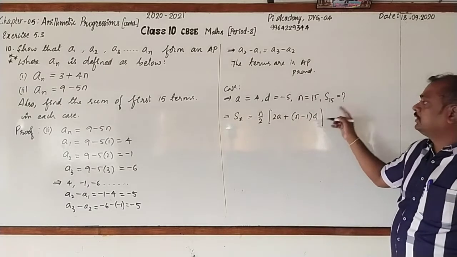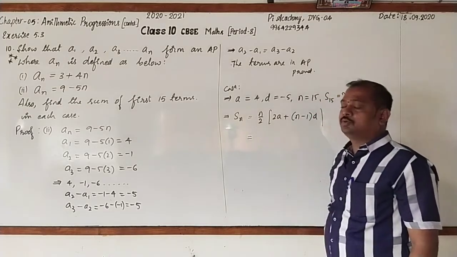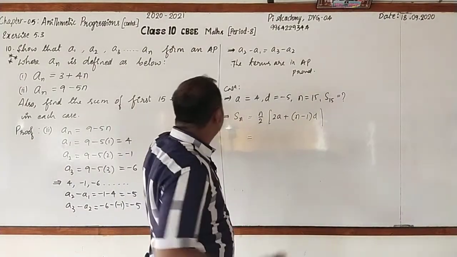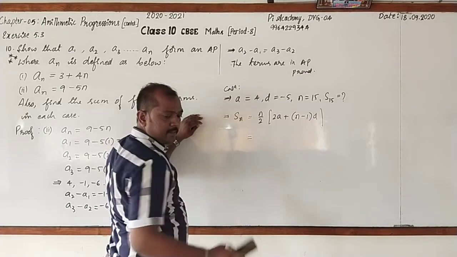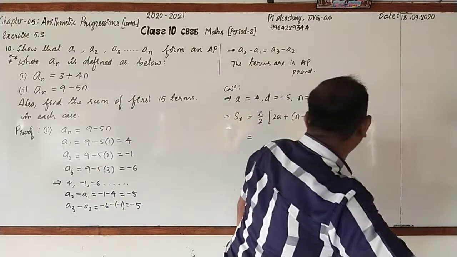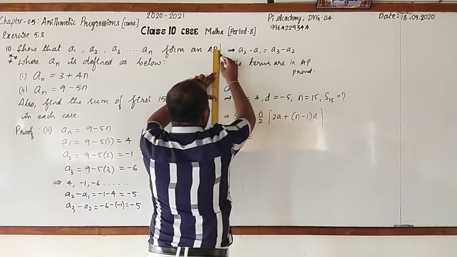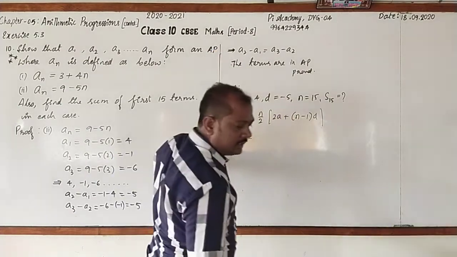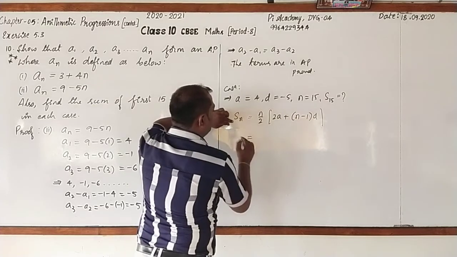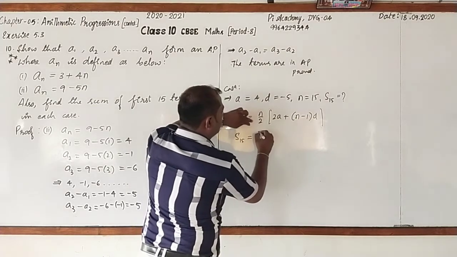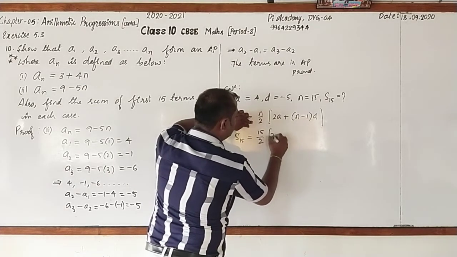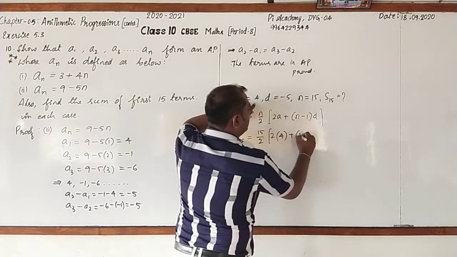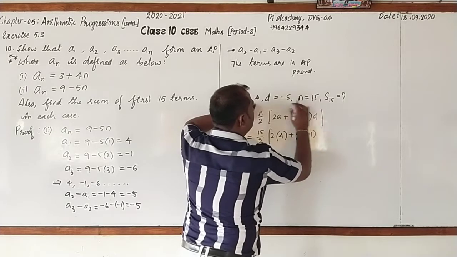Right? Substitute the terms. n is 15. So S15 is equal to 15 by 2 into 2 into a, which is 4, plus n, which is 15 minus 1, into d.